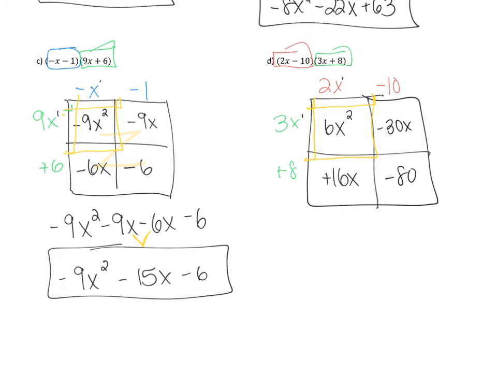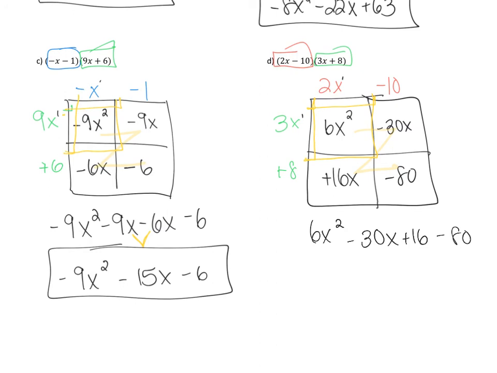Then lastly, we draw our z, and we are writing down the terms in how we drew the z. So 6x squared minus 30x plus 16 minus 80.